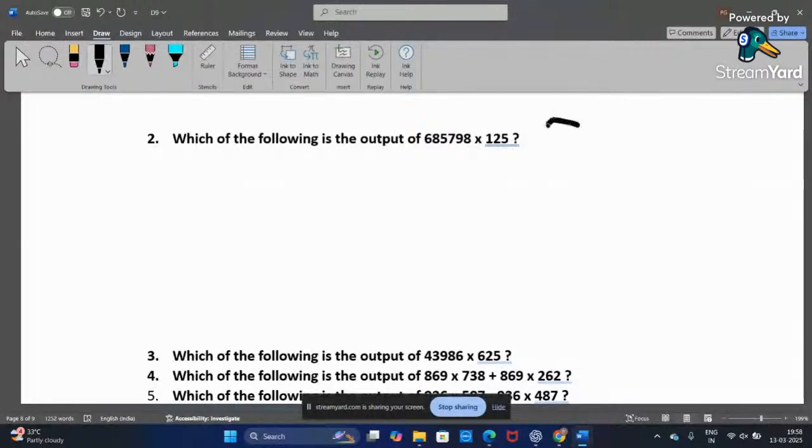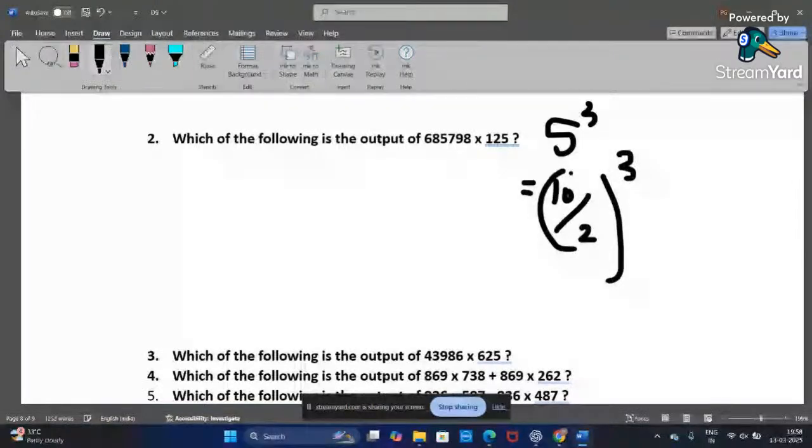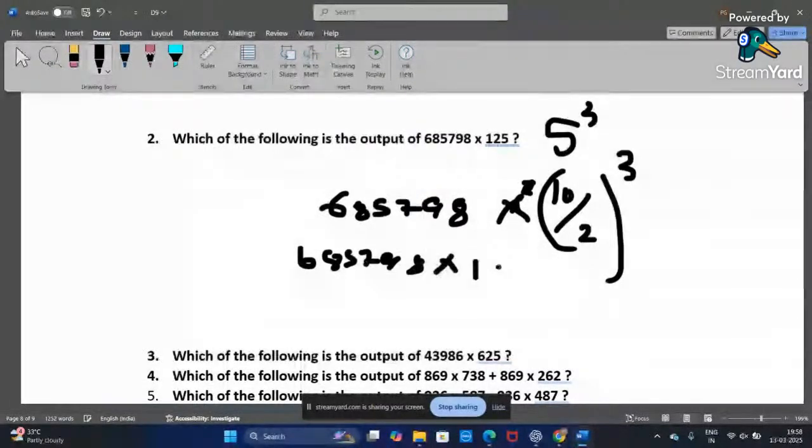It is 5 cube, right? So this 5 we can write as 10 by 2, right? To the power 3. Then what you have to do? Write this number 685798 into 10 to the power 3 divided by 2 to the power 3.